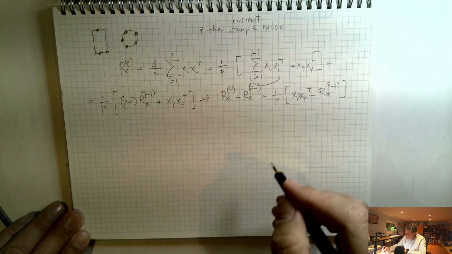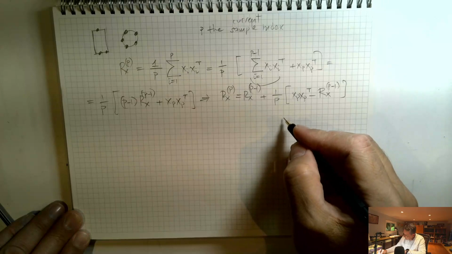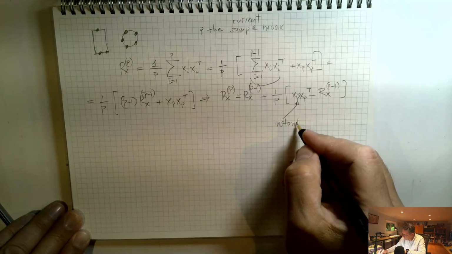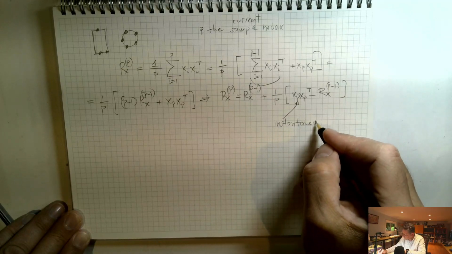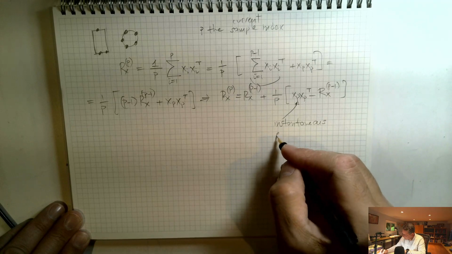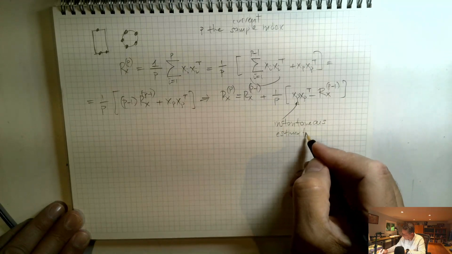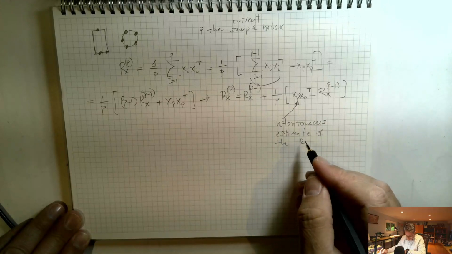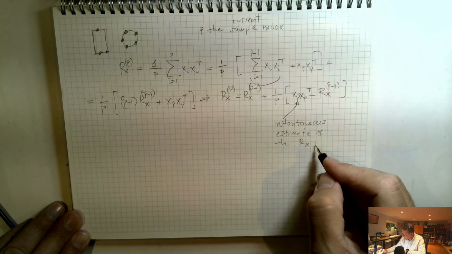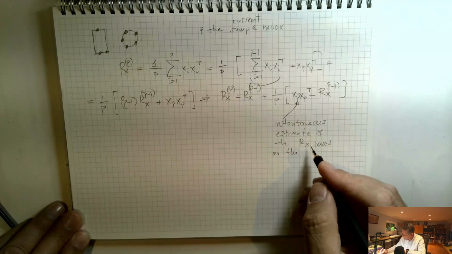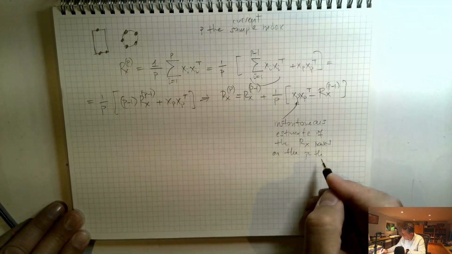So this x_P x_P transpose term is basically the instantaneous estimate of Rx, based on the current sample.